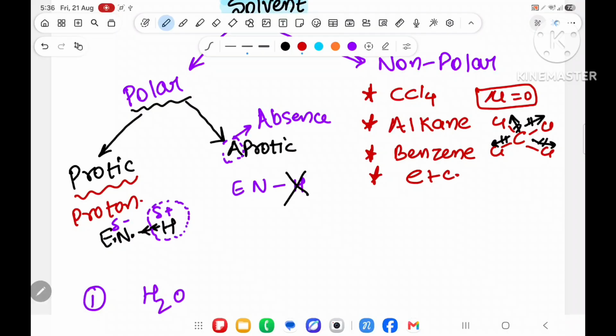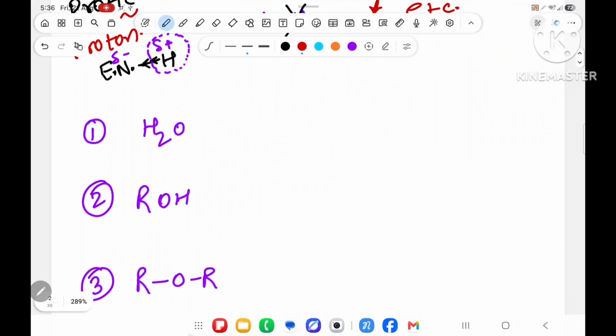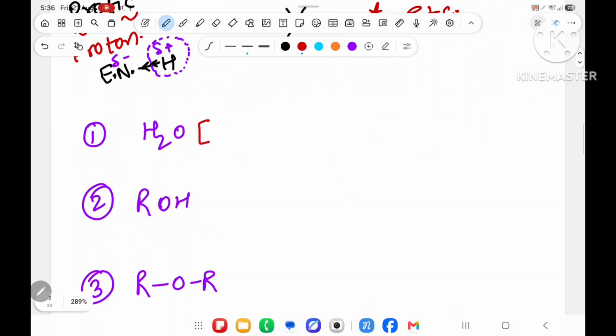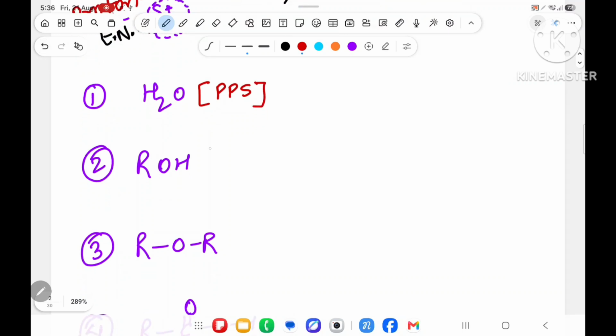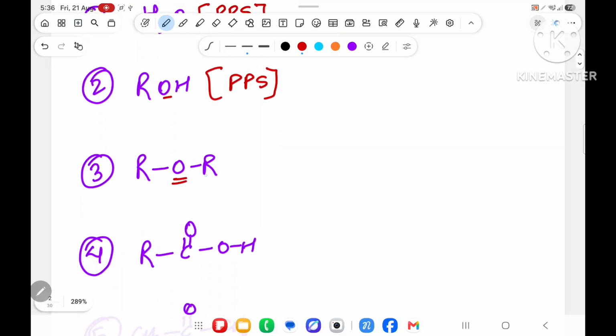Acha sir. Now over here I have written some examples. Tell me which one is polar protic, which one is polar aprotic. H2O, sir, the electronegative atom is oxygen and it has hydrogen, so polar protic solvent. PPS means polar protic solvent. Sir, oxygen over here, this side also no hydrogen, this side also no hydrogen, polar aprotic solvent.